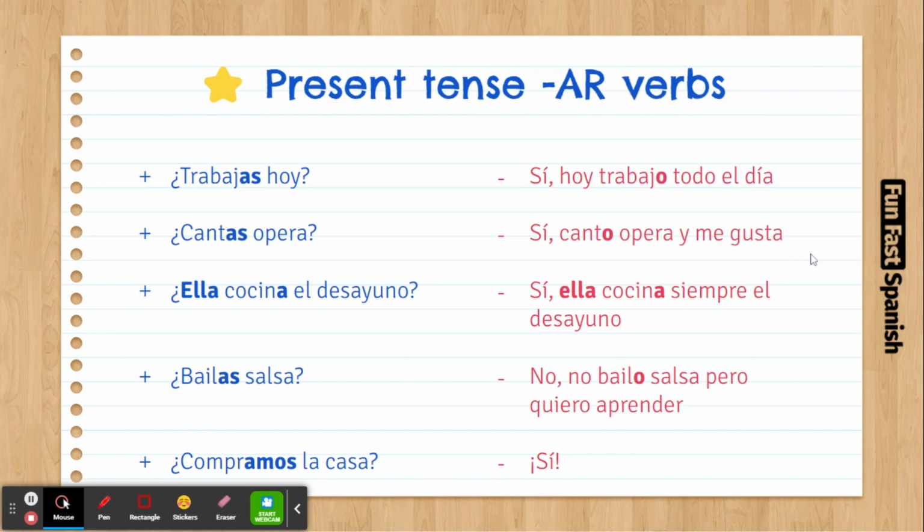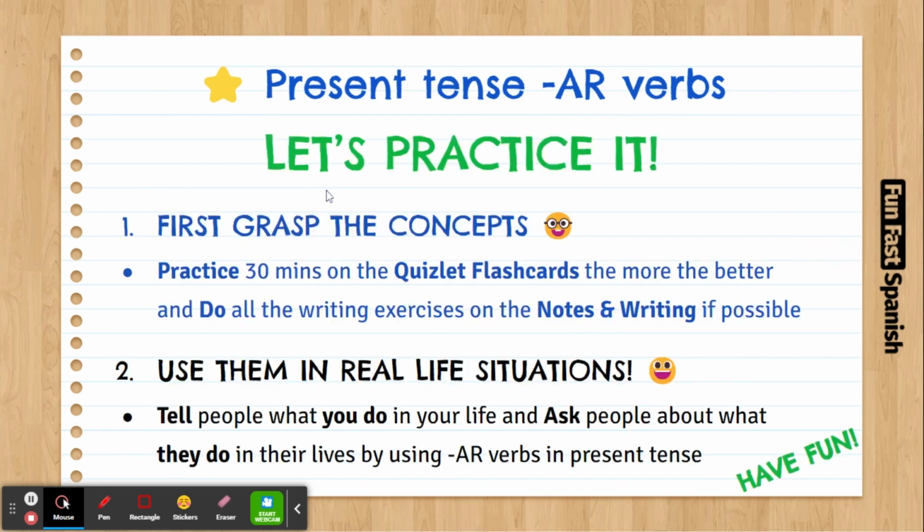Also, some topics like this one have a section of let's practice it, because it has a real application on a day-to-day situation. So there are two steps to practice topics, and in this case, this topic has an application to have conversations.